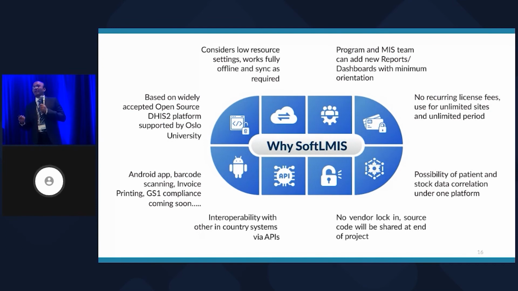and in the future, we definitely plan to do GS1 compliance. We all know the GTINs and scanning. While you are dispensing, there are barcodes now on the medicine boxes. So if you want to make the dispensing module more advanced, you can scan the boxes. Those functionalities would be included. And on printing, we think it's digital. You don't really need to print.